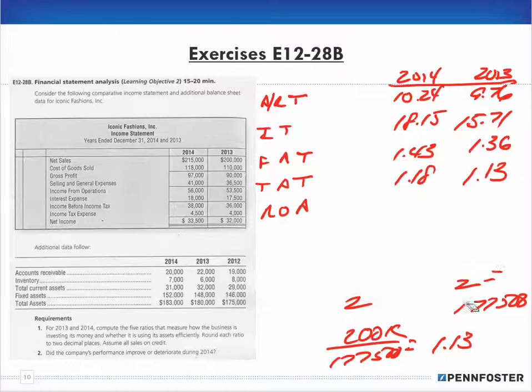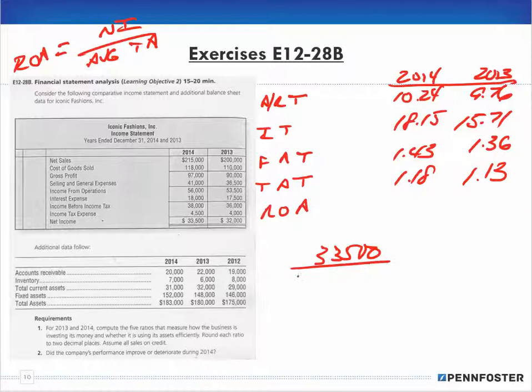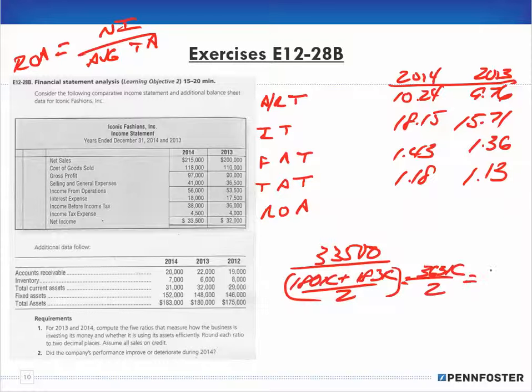Okay, and lastly, my return on assets here. Return on assets is equal to net income over our average total assets. So our net income is 33,500, and that's over the 180,000 plus 183,000 divided by 2, which is equal to 363,000 divided by 2, which is equal to 181,500.